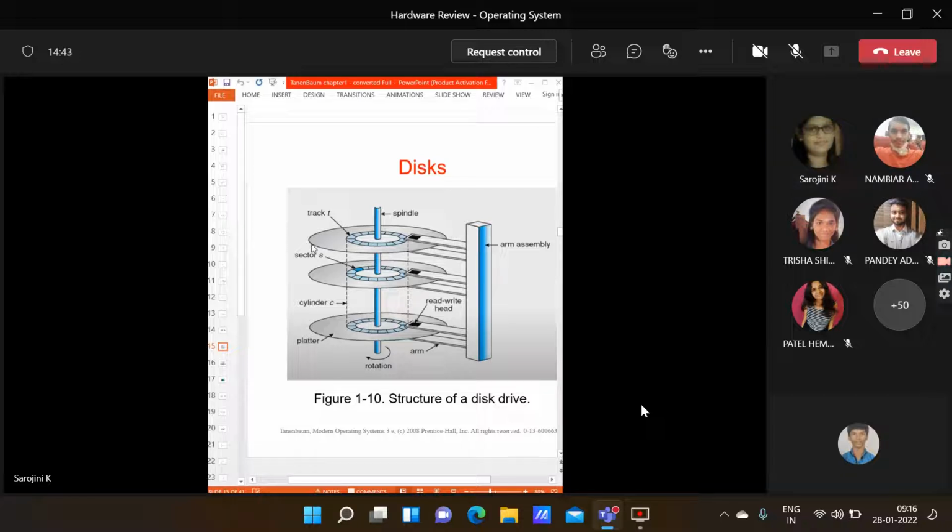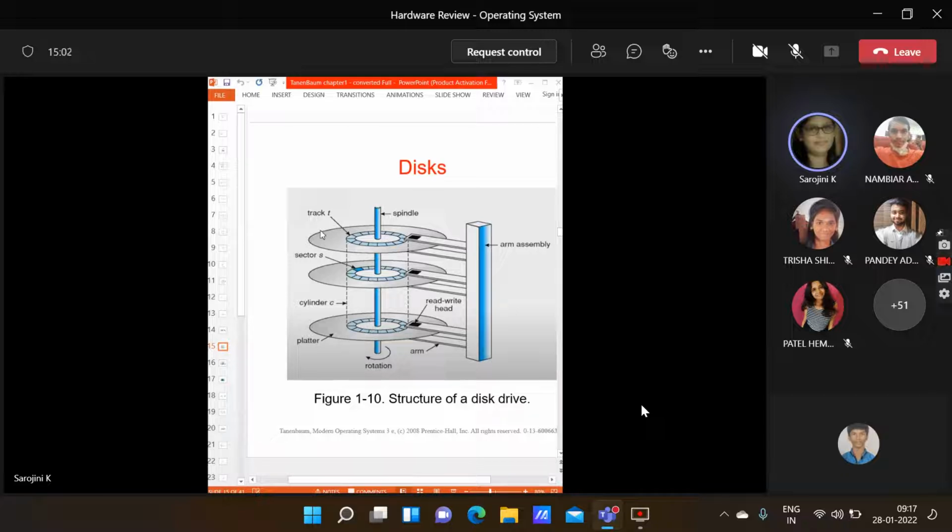That will differ from disk to disk. In some disks, the innermost track and the outermost track have the same number of sectors.